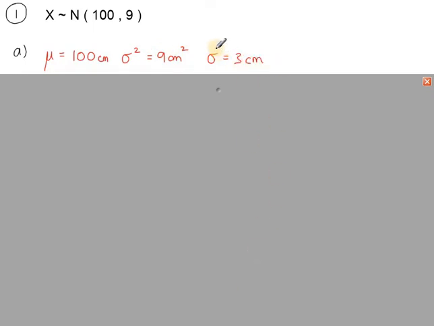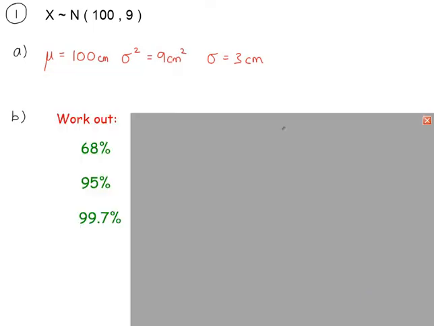Standard deviation is a measure of spread in data. It's always a positive value, like all of the other measures of spread in data. Now 68% of these children will have a height between two values, a lower limit and an upper limit.